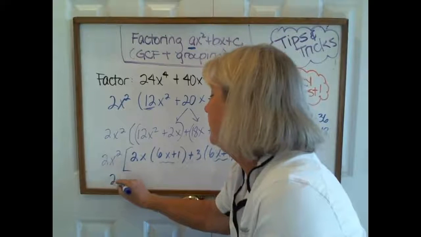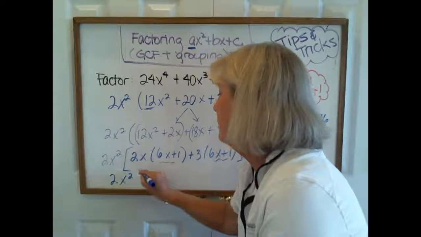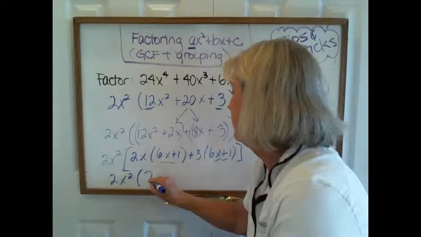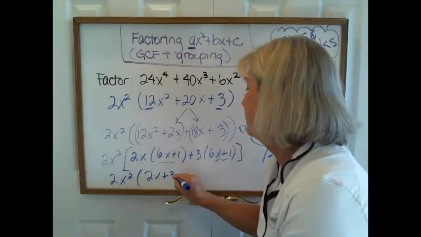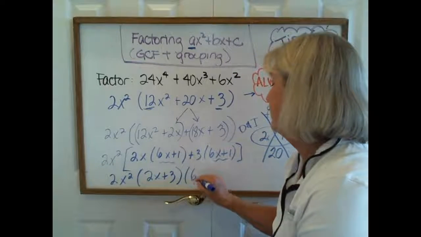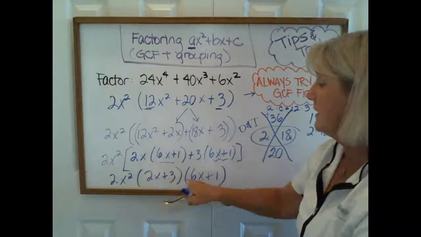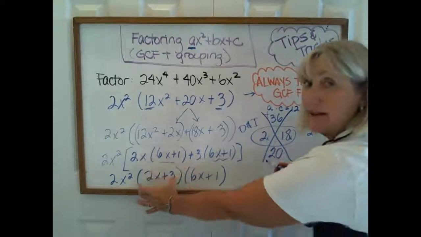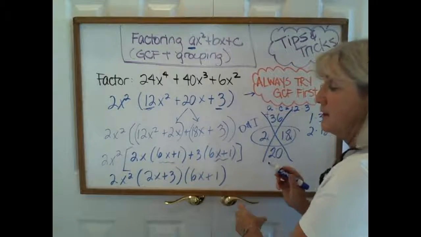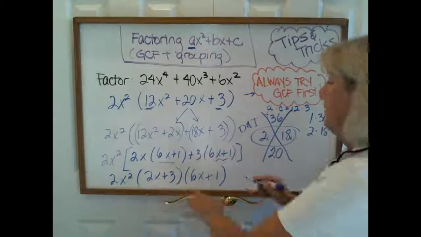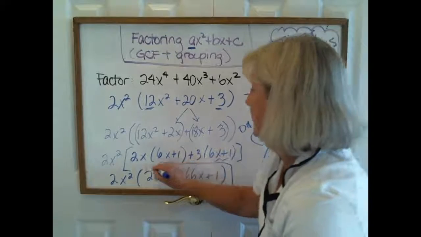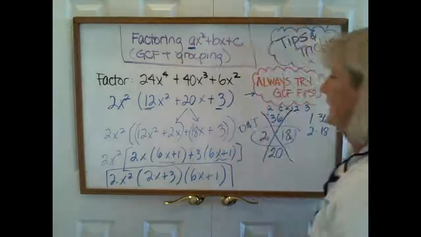So our final answer will be 2x squared times 2x plus 3 times 6x plus 1. Now these can be in any order. It could be 6x plus 1 and 2x plus 3. It doesn't matter as long as we get this as our final answer.